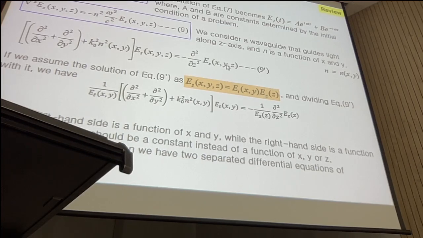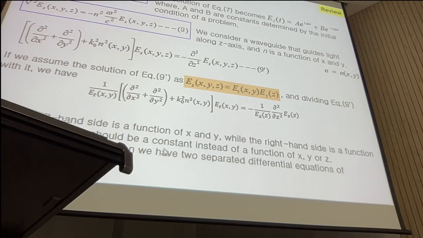If we put this into equation 9 again and divide both sides by Es, we have another situation which has only xy dependence on the left side and z dependence on the right side. So again, we can assume this is a constant.